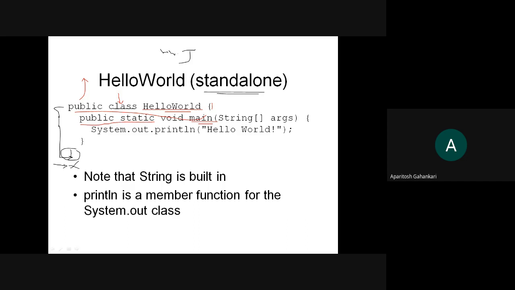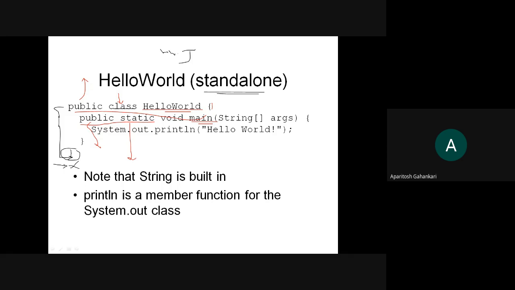It is public in nature, that means everyone and anyone can call this method, and moreover it is static in nature. Static means that this method does not require you to instantiate an object first to call this method.